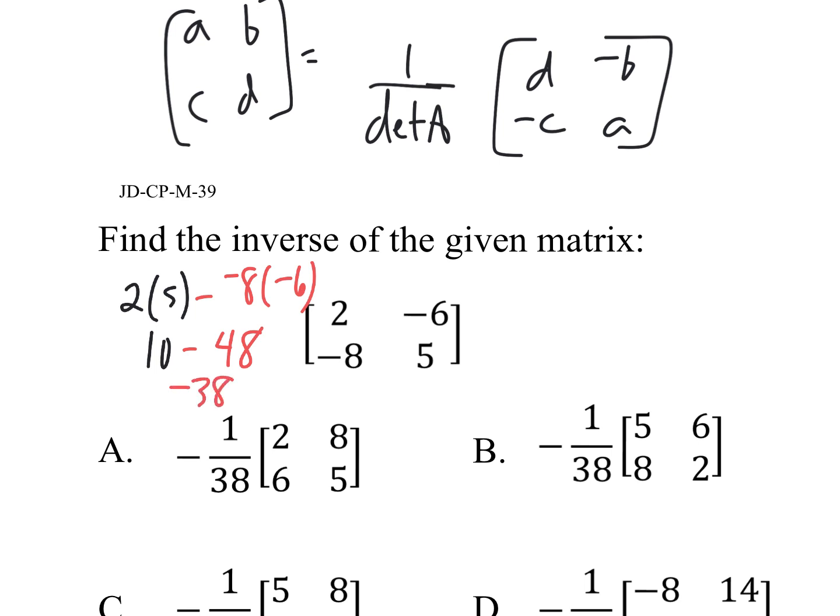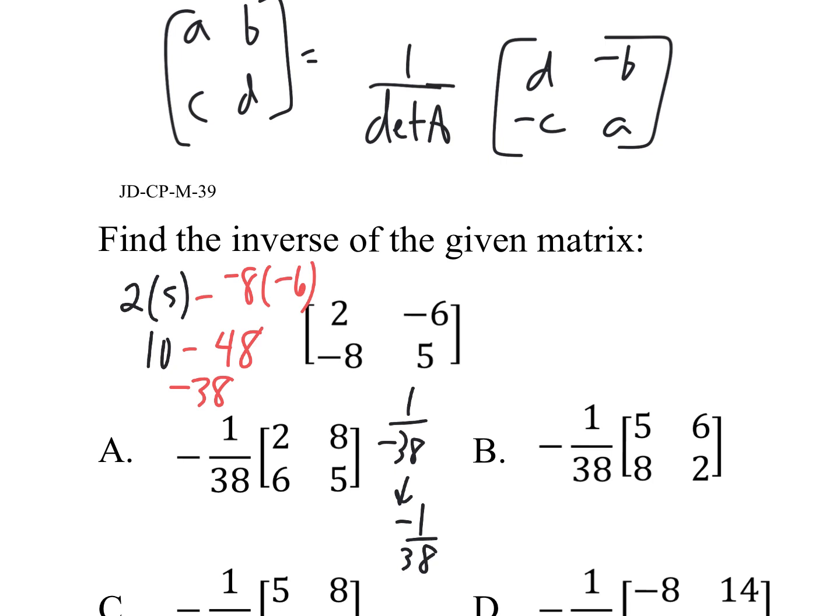So we have 1 over -38. You can write that also as -1 over 38. Or like they're doing here, you could just put the negative next to the fraction. I don't like that because it can blur in with your fraction sign.